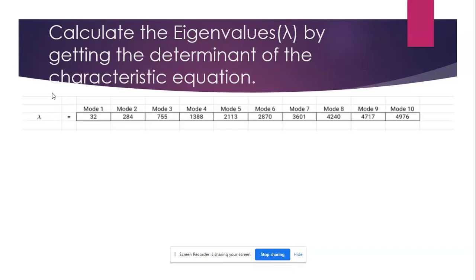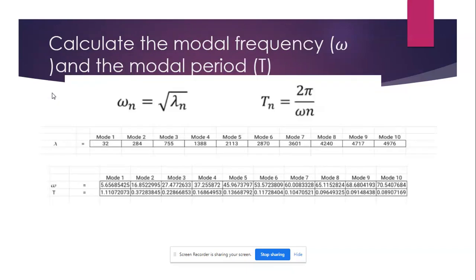Mode 1 is 32, mode 2 is 284, and so on. Remember that the order is from lower to higher value, so the lowest is mode 1 and the highest is mode 10. So we have the eigenvalues for every mode from mode 1 to mode 10.